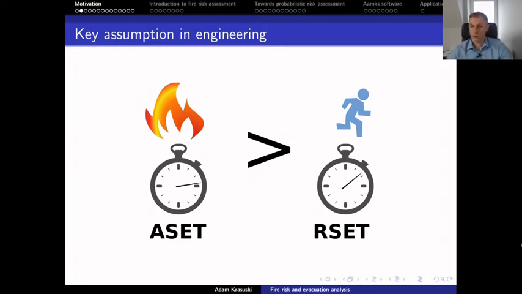In other words, the occupants of the building should have enough time to evacuate safely before fire and its condition and its environment make it impossible. So the idea of the engineering approach to check whether the building is safe or not is to calculate ASET, calculate RSET, and then check whether this inequality holds.